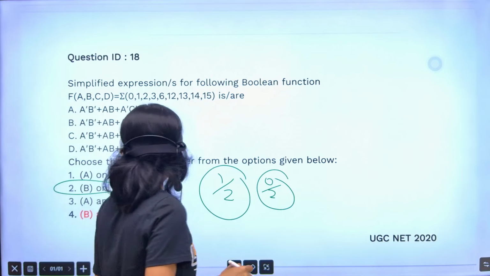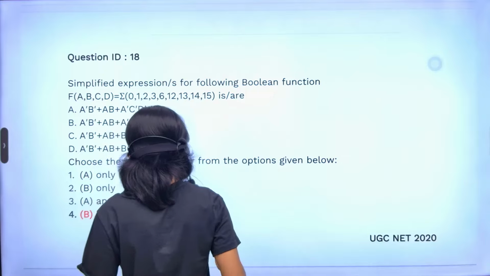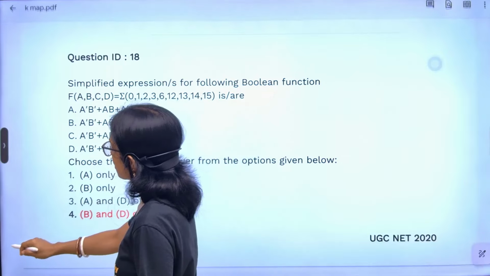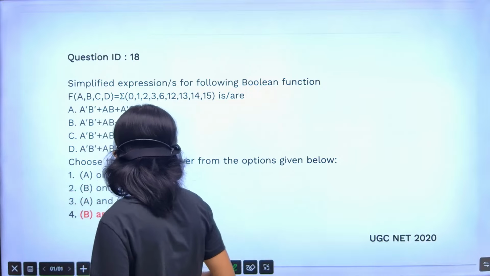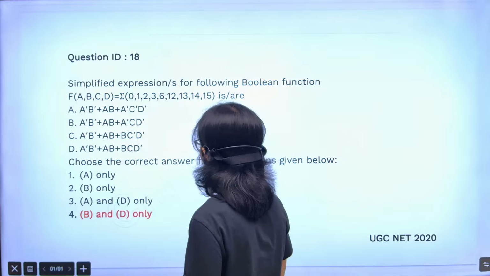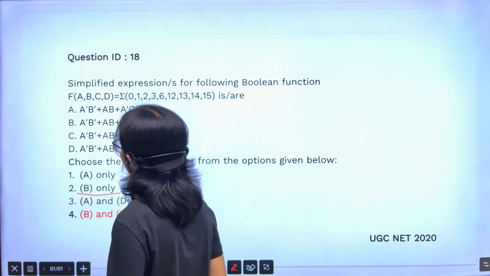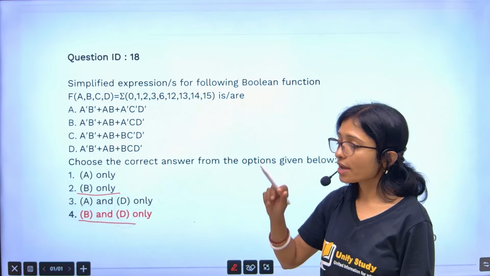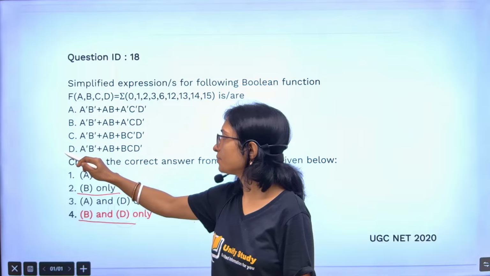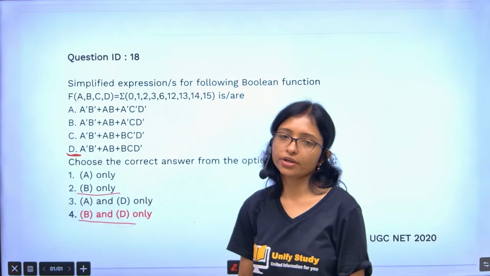Whenever there is an option like this, please think once: yes, I got the answer, but is there any other possibility or not? You got B, but you see that in another option B and D both are there. So at least observe one time whether D is also possible or not.